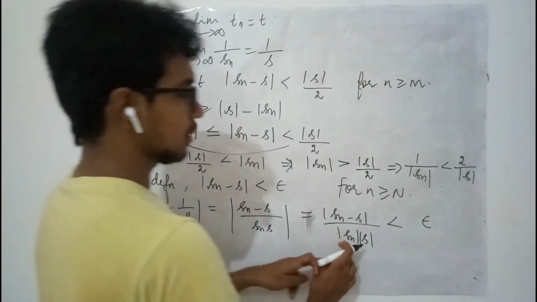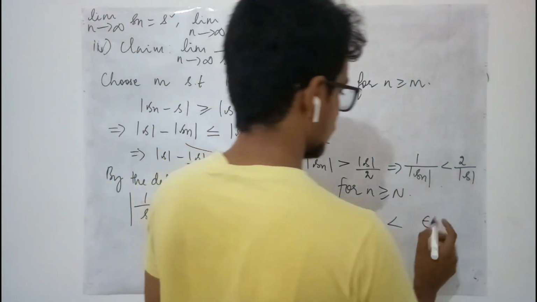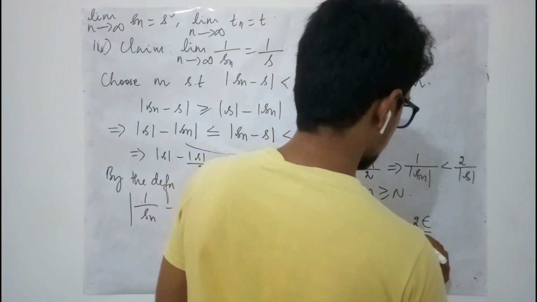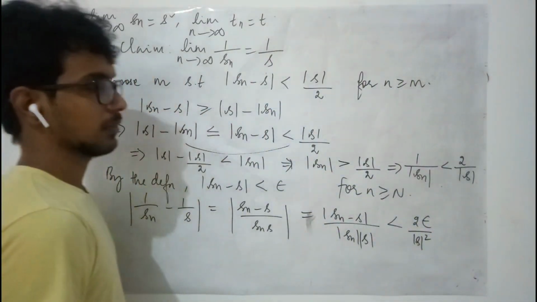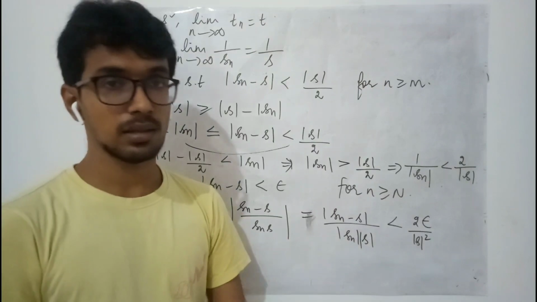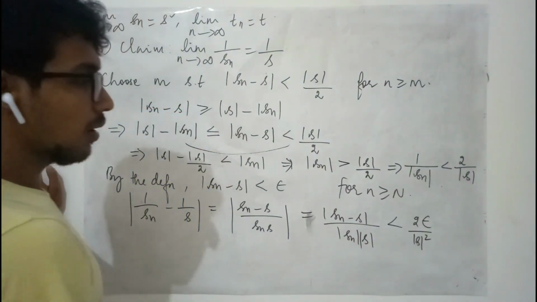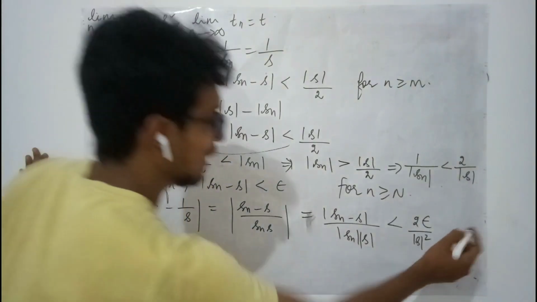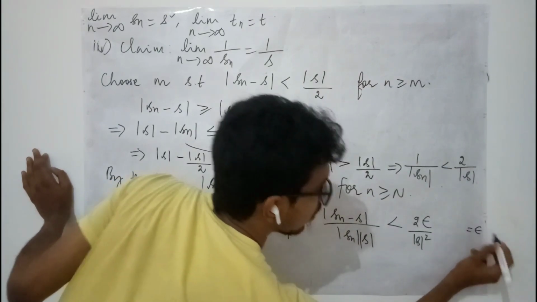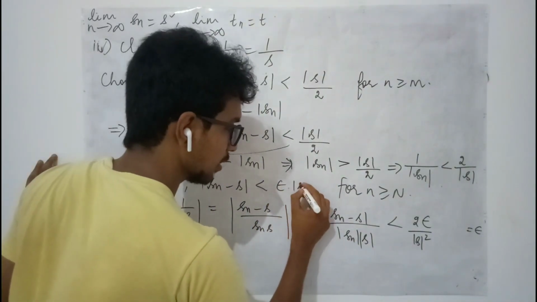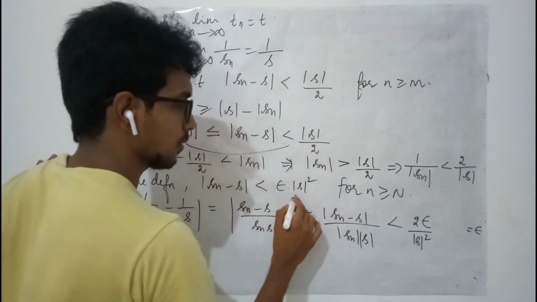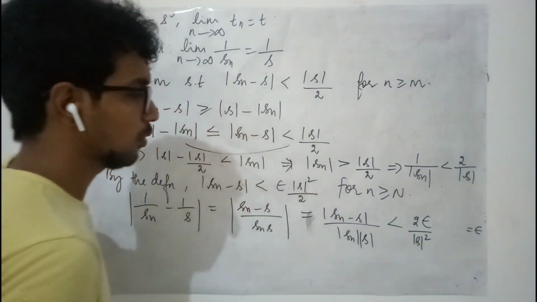And what is it? 1 upon absolute of Sn is less than 2 times 1 upon absolute of s. Here also you have this. s is some fixed quantity, right? So if you want only epsilon here, what do you must have here? You will have to multiply this by absolute of s square, and you have to divide this by 2.